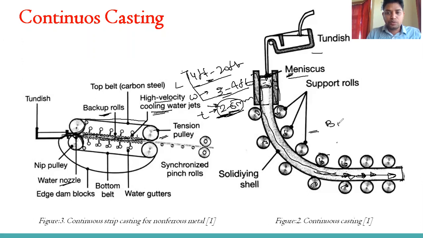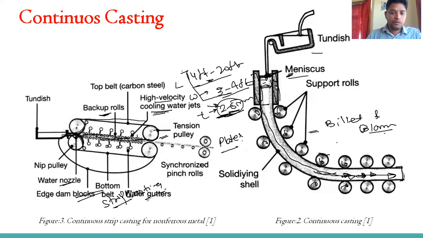For billets and blooms we use this type of setup, and for plates or slabs we use these types of sections. By the way, this is continuous casting only, but it has a separate name: strip casting.